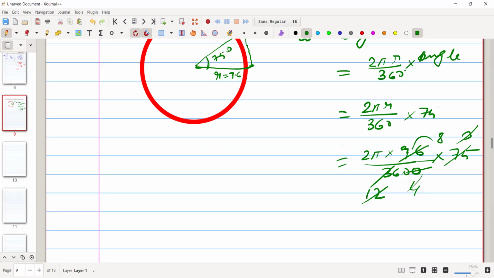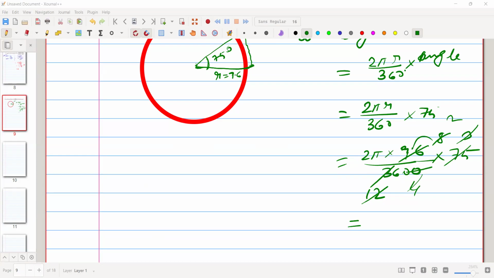So can you find right now the length of the arc that makes central angle 75 degree at the center of the circle, and having 9.6 unit as the radius of the circle.